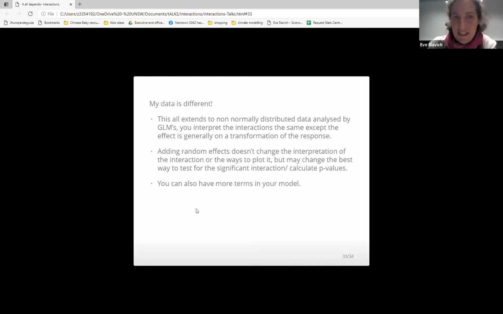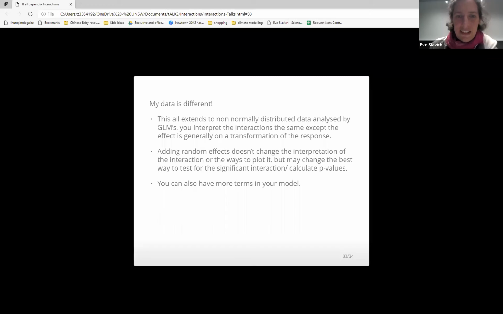Just in case you're thinking, but my data is different, everything I did here was a linear model. All of this conceptually extends to generalized linear models and random effects.